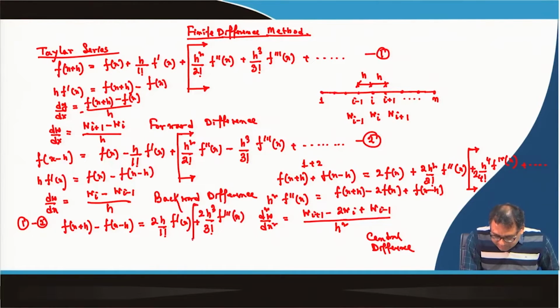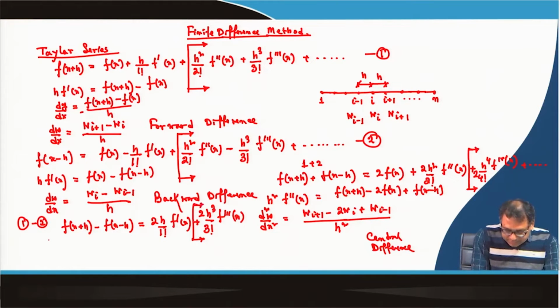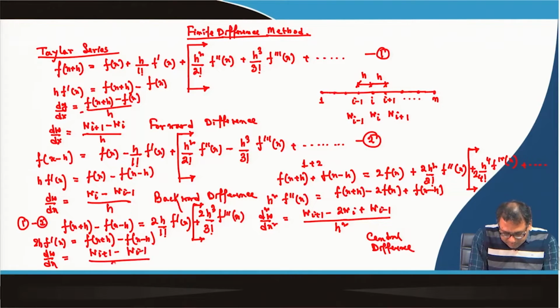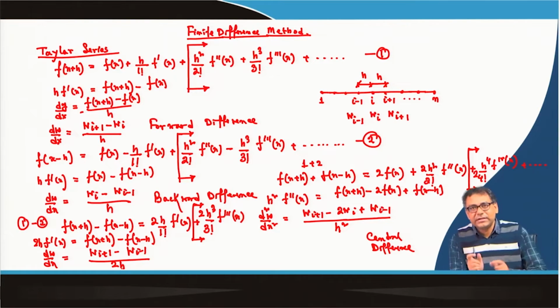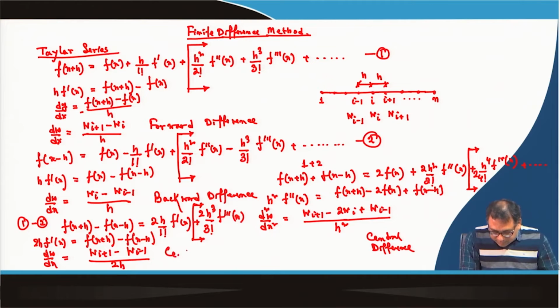Now, if I neglect this h cubed term and higher, then 2h f dash (x) is f(x+h) minus f(x-h), or I can write dw/dx equal to w(i+1) minus w(i-1) divided by 2h. h is the difference between the nodes. So, this is also called the central difference scheme.